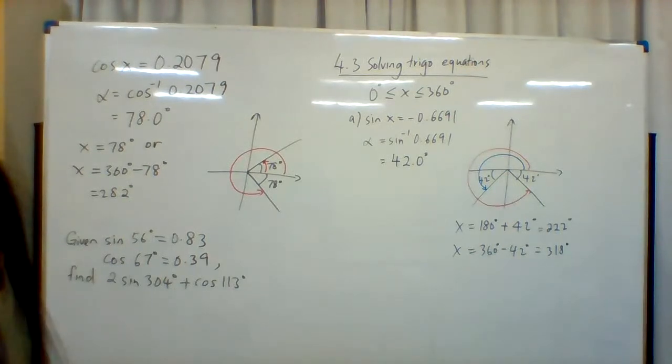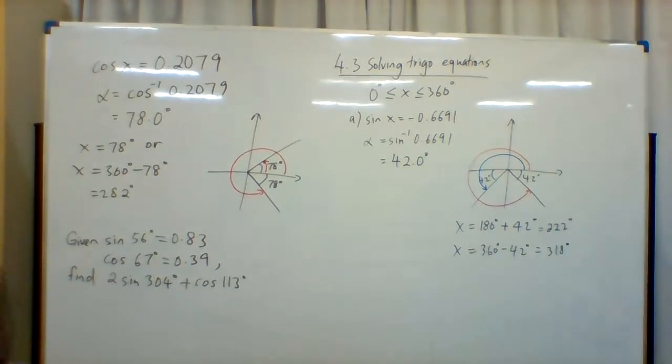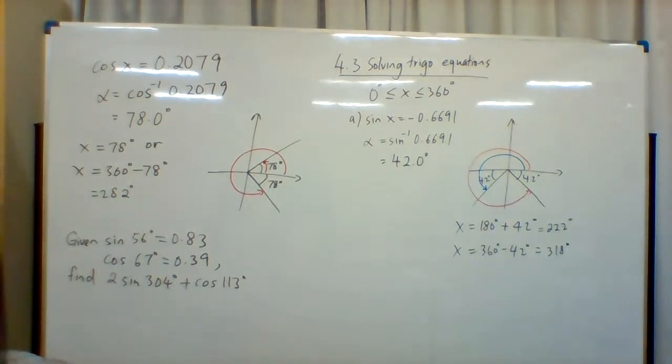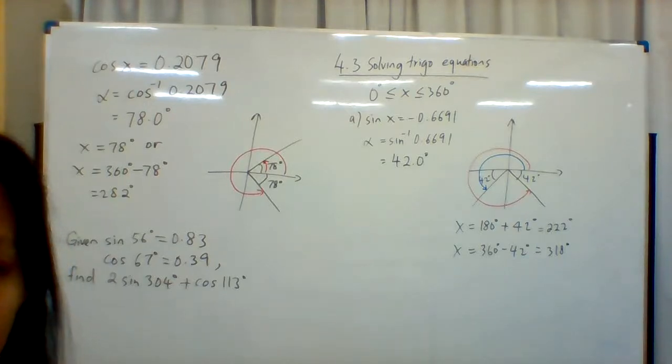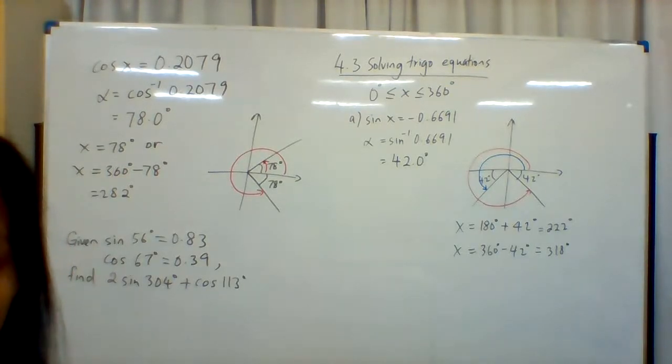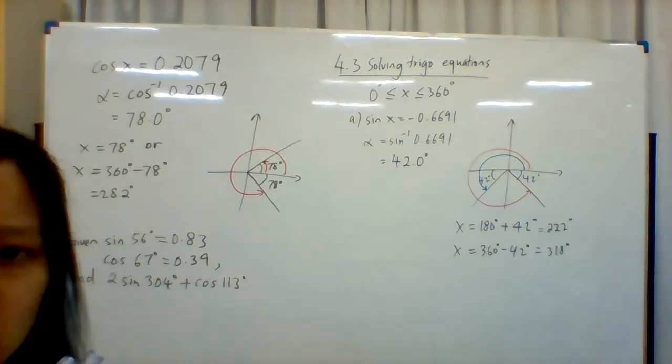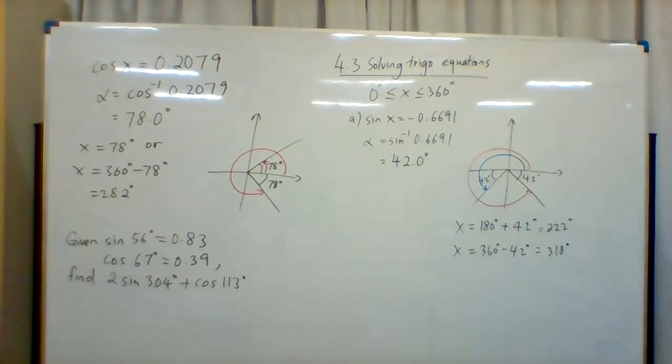Then remember sign for that one, right? Your 304, which quadrant? I mean, you have to look at your basic angle. So it's 56, right? That you found, and because it's in the fourth quadrant, is it a negative value? 304 is in your fourth quadrant. So in that quadrant, sine is negative, only cos is positive. So you get negative 0.83.